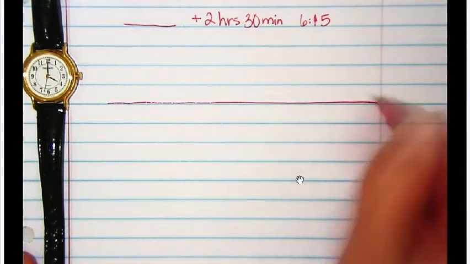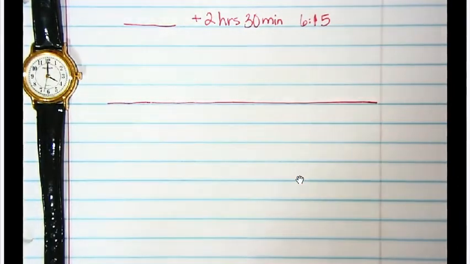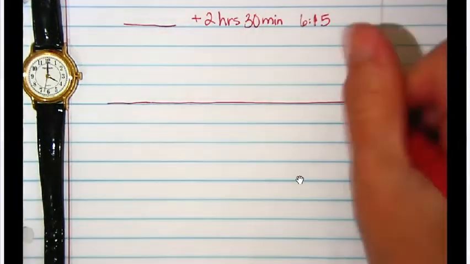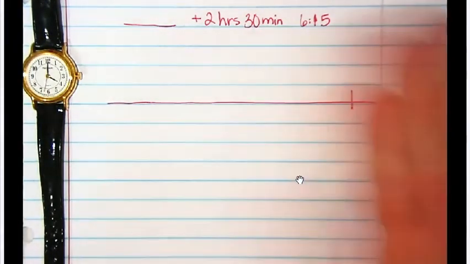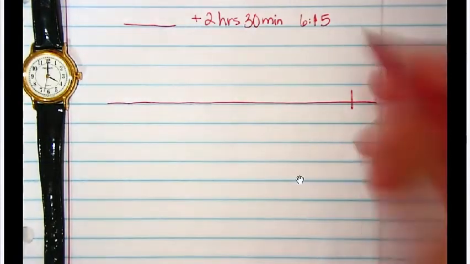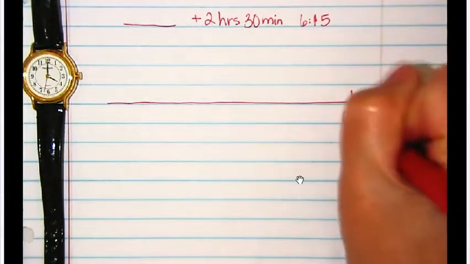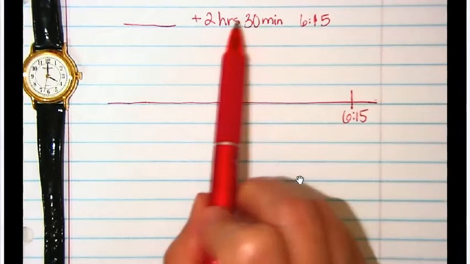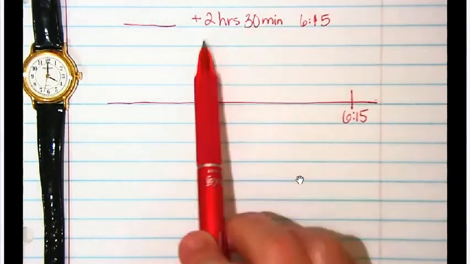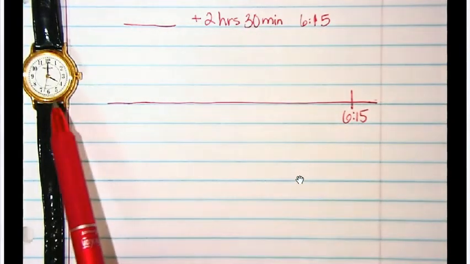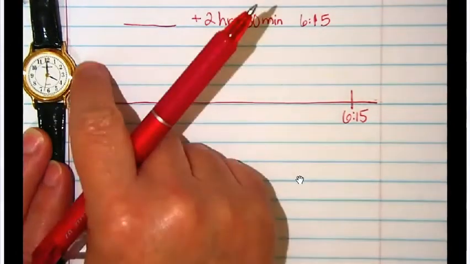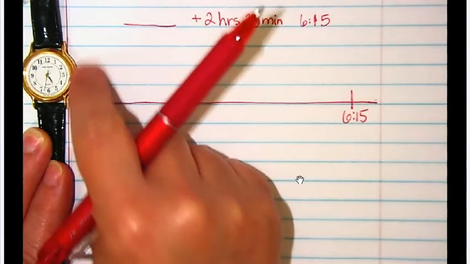So I'm going to start with my number line again. I'm going to put my end time. Notice that my end time is near the end of my number line. And I'm going to put 6:15. And now I'm going to work backwards 2 hours and 30 minutes. So if I were to think about my watch again, let's put it on 6:15.